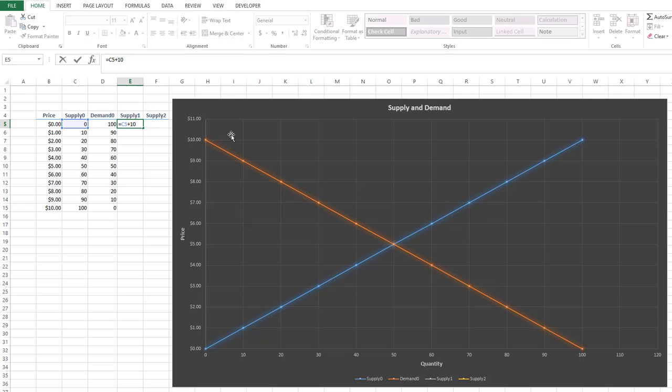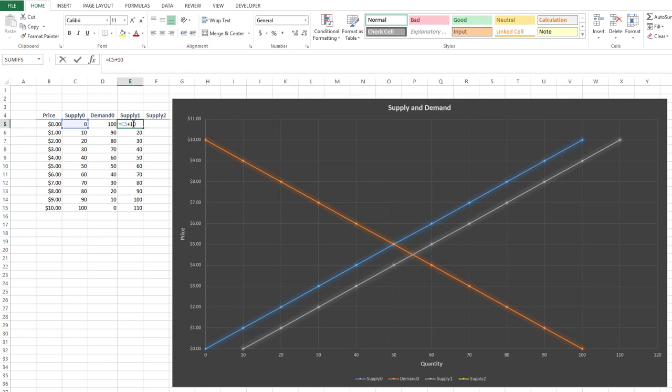So we can just go in and add 10 to every point on the previous supply curve. So for example, at $8, sellers were willing to supply 80 before, now they're willing to supply 90.